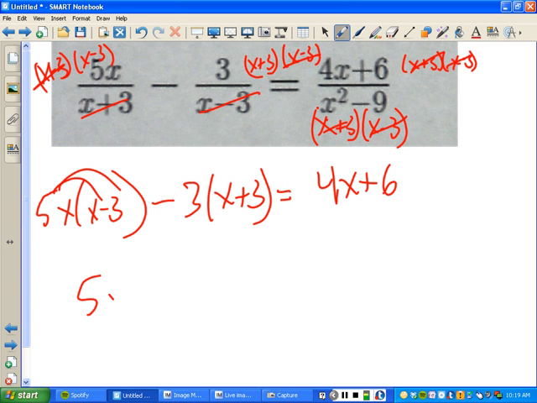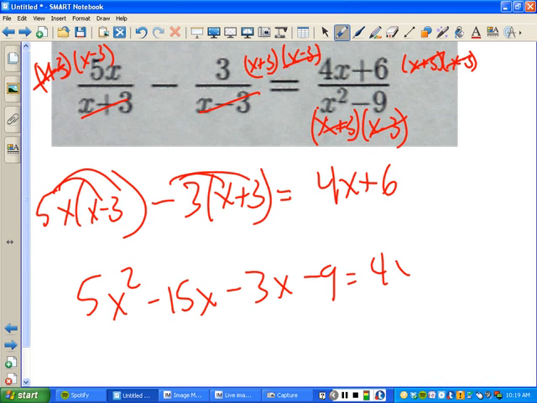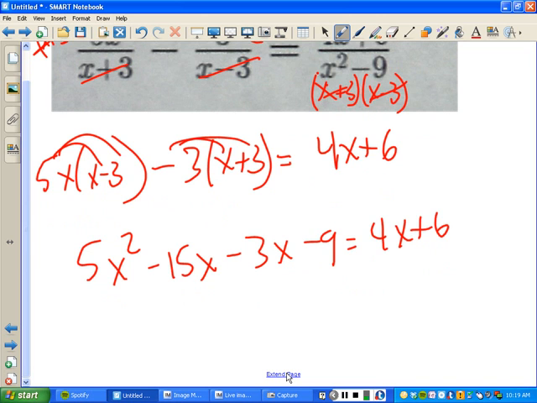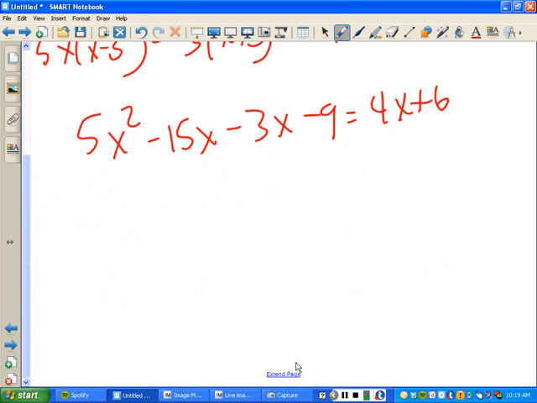We got 5x squared minus 15x minus 3x minus 9 equals 4x plus 6. So 5x squared minus 18x minus 9 equals 4x plus 6.